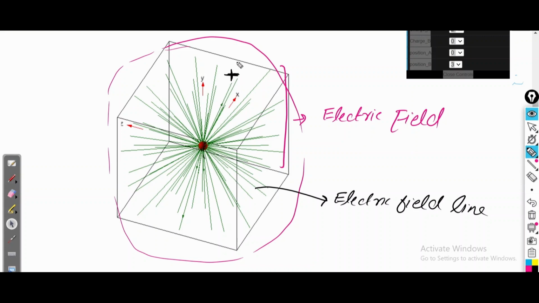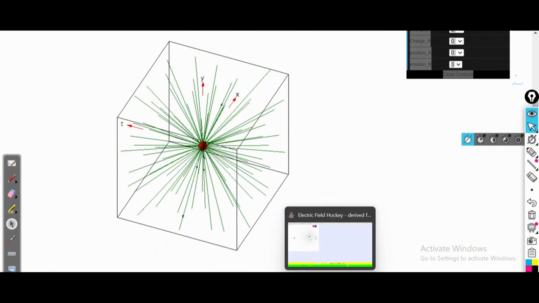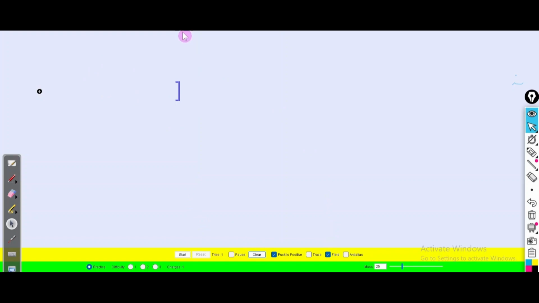There will be some sort of repulsive force on this charge. We can visualize that in another simulation. So here is the other simulation.